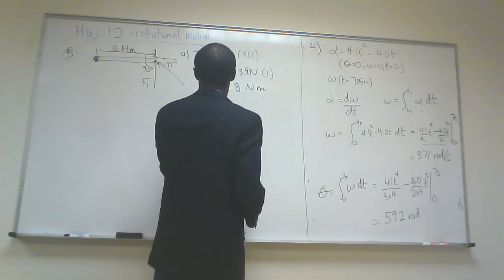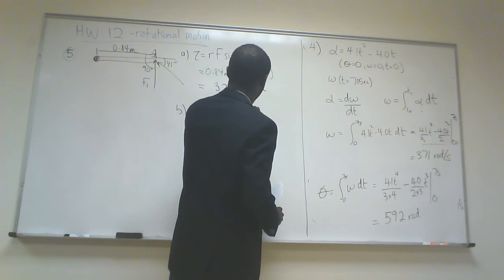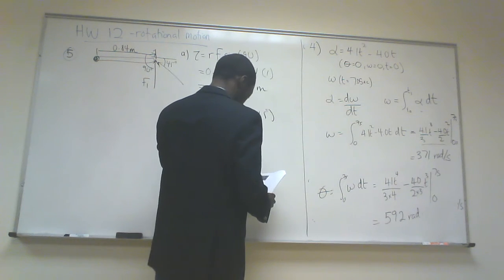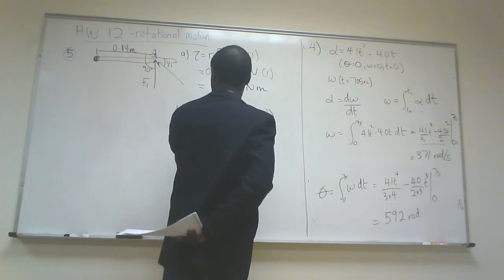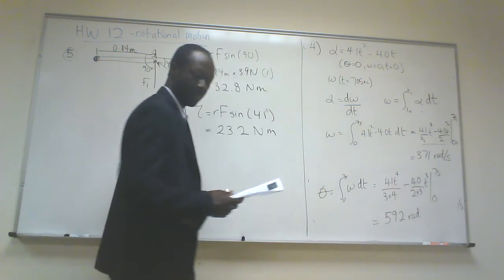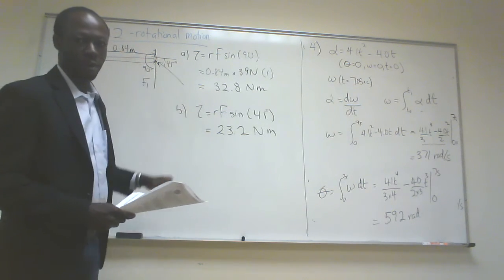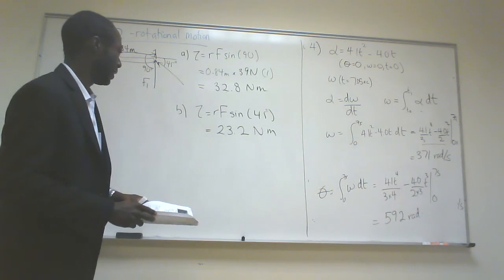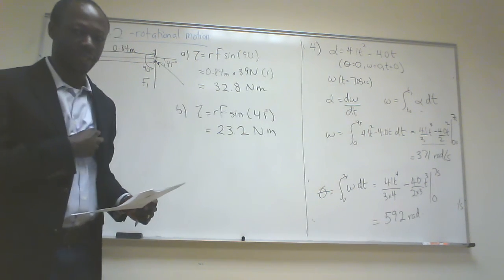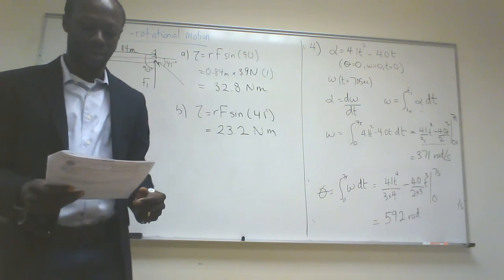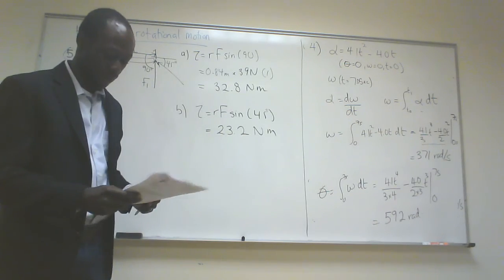So we end up with the torque being equal to the radius times the force times the sine of 45 degrees, which comes up to be 23.2 newton meters. So remember, you see that when you go away from 90 degrees for the force exerted, the net torque gets smaller, which means that the effective force you're exerting to rotate the object is decreasing because of the angle between the force and the radial vector.